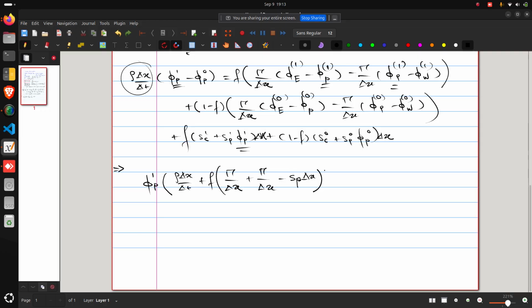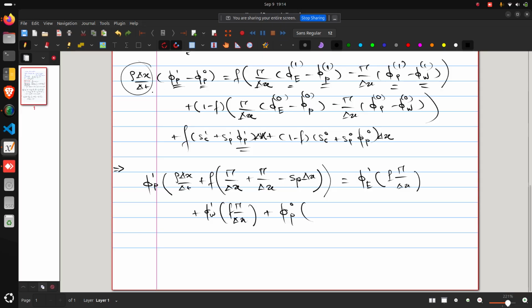Now this is done, so what do we have now? Let's write phi east 1. Phi east 1 will be nothing but f times gamma by delta x. Phi west 1 will similarly be f times gamma by delta x, which comes from here. What else? Nothing else. Now phi p naught.